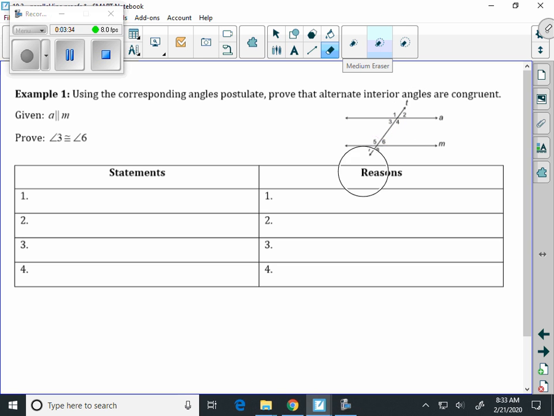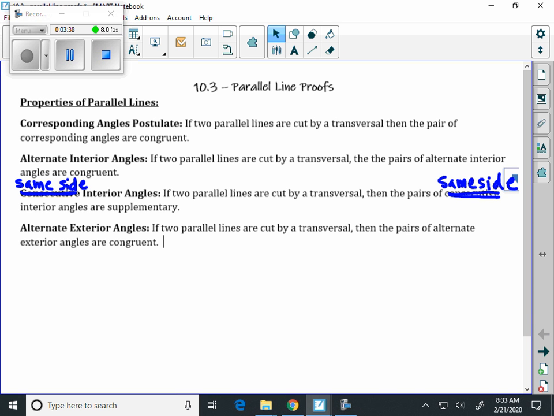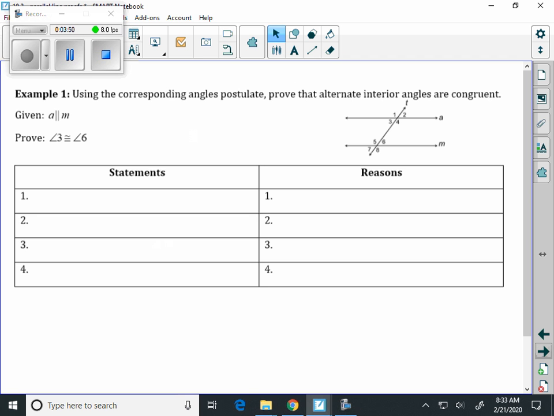of the transversal. And then finally, our last set is alternate exterior angles. If two parallel lines are cut by a transversal, then the pairs of alternate exterior angles are equal. If we look one last time at this picture that we're going to be using for example 1, alternate exterior angles have to be outside of the parallel lines.